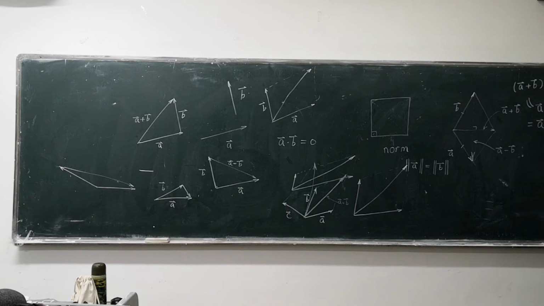On the next page, page 20, definition. In the middle of the page, the norm. A dot A is equal to the norm squared. A dot A is the definition in the middle of page 20.